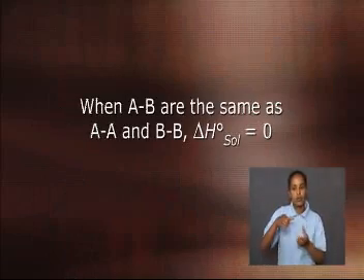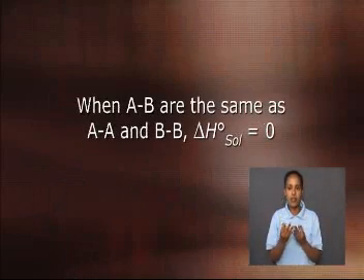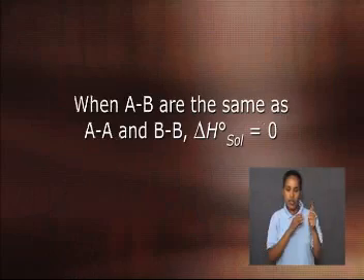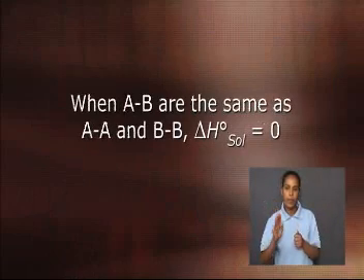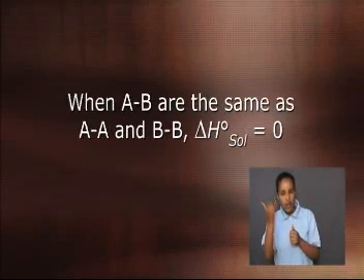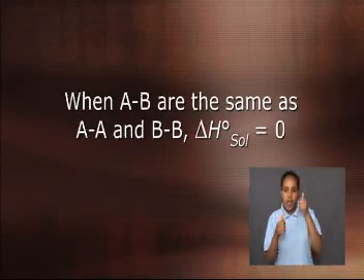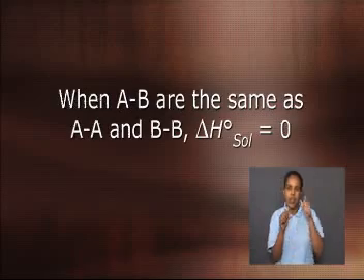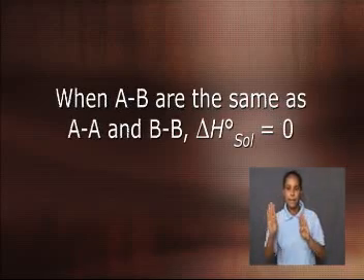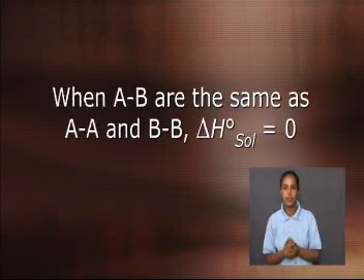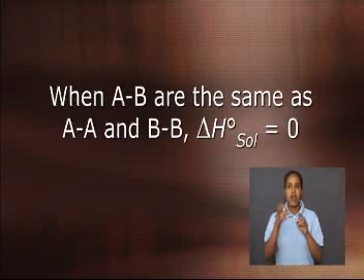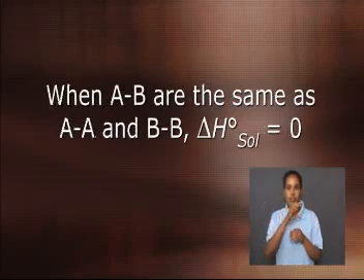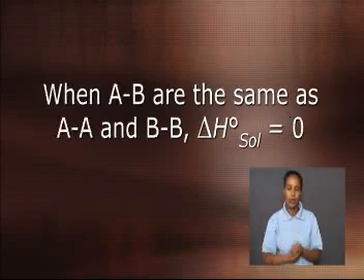For liquid solutions that are formed from a solvent A and a solute B, an ideal solution forms when the A-B interactions are the same as the AA and BB interactions. In an ideal solution, the heat of solution is 0.